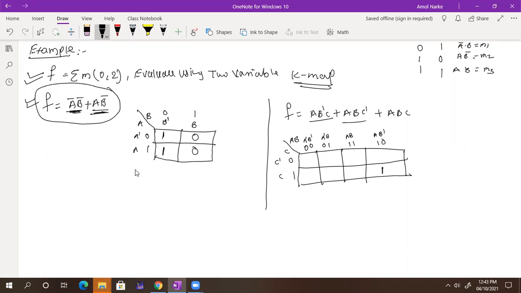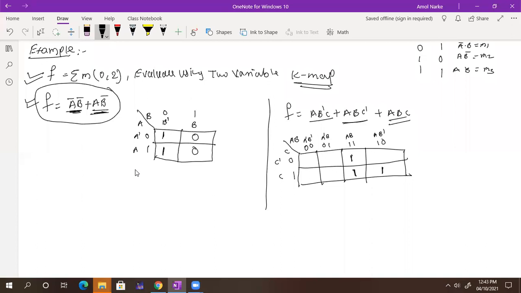For this term, where should I write down 1? Yes, tell me in which row? Here we have AB, and where is C complement here? So I write down 1 in the third row. What about this? Third column. Here only.